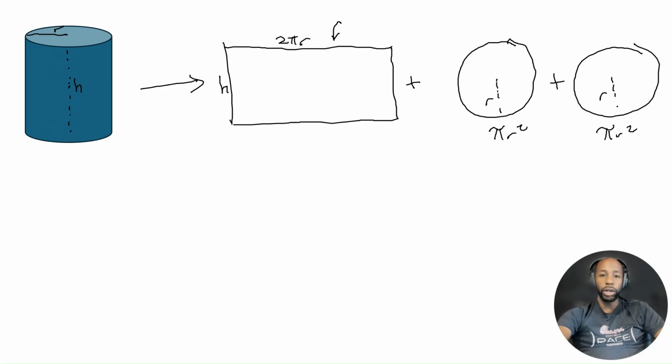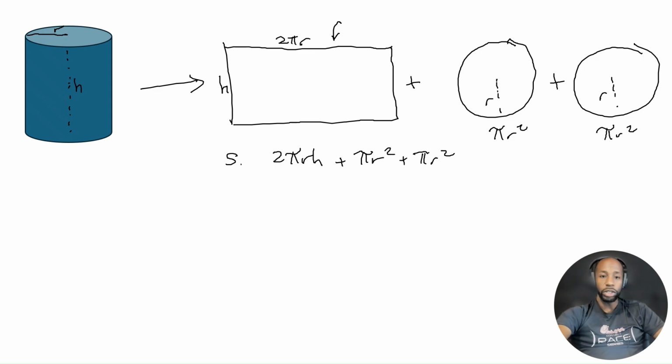So what is the area of this rectangle? It's going to be 2 pi r times h, plus, and then you have pi r squared plus pi r squared. That's the surface area.